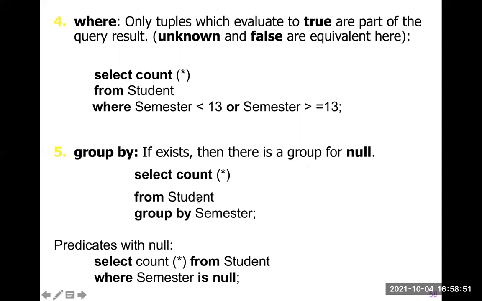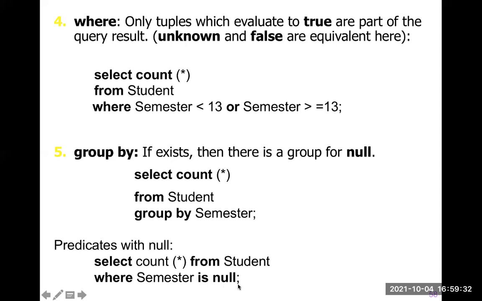If there are 13 semesters and some students are not assigned a semester value, then SELECT COUNT of student, GROUP BY semester, gives a table of how many students are in the first semester, the second, the third, and so on, up to the 11th, 12th, 13th, and the null semester. So there is a group for null if a null value is present.